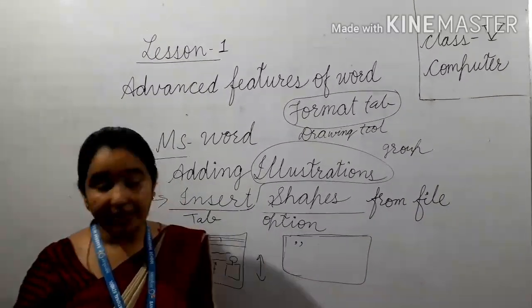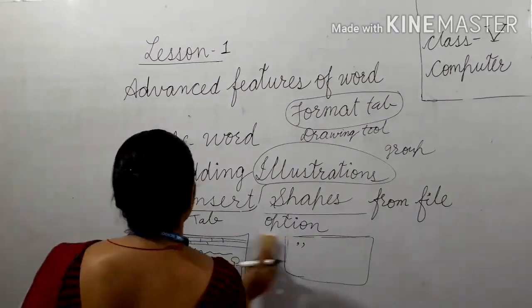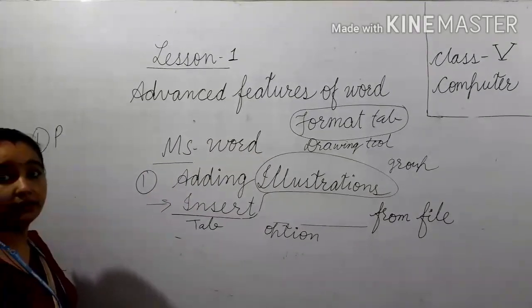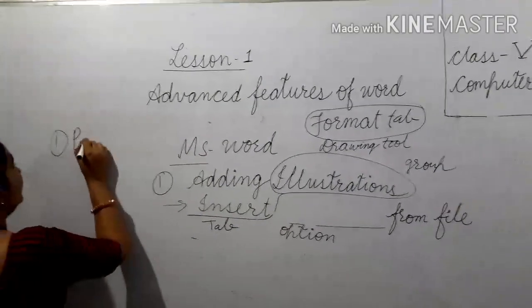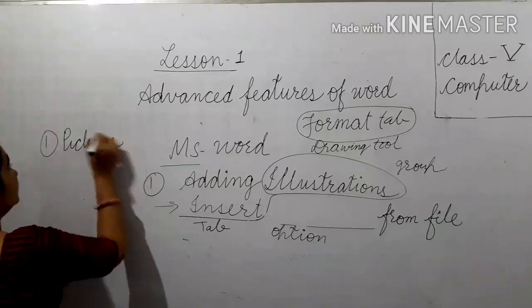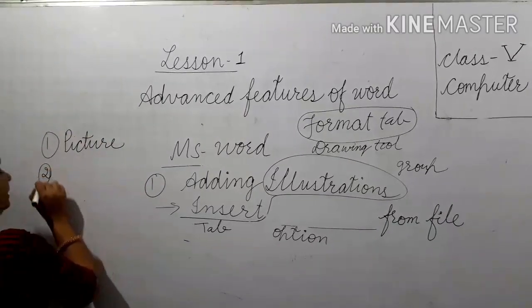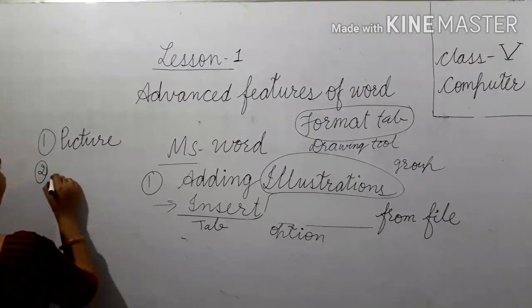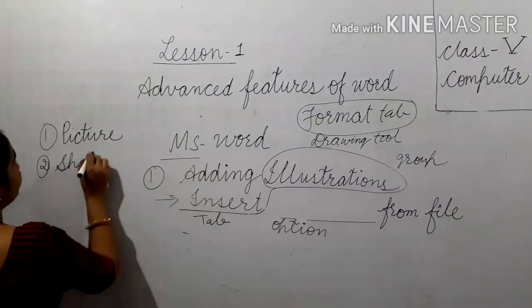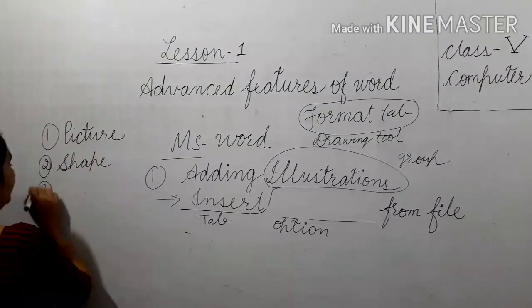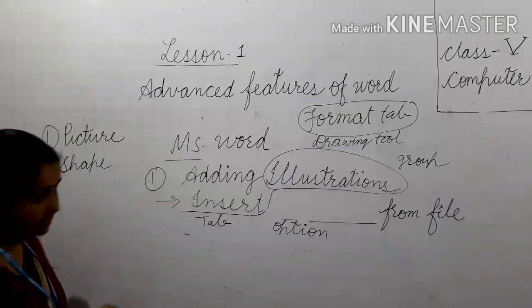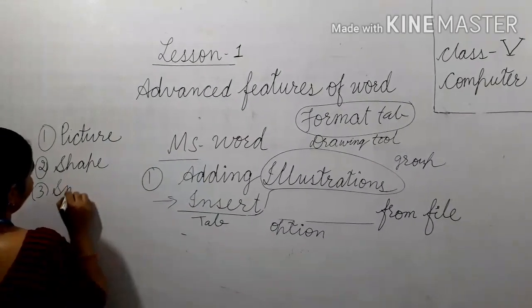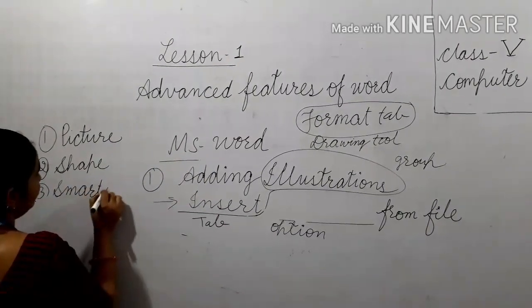Now our next topic is inserting smart art. Number 1, we had inserted here picture. Number 2, we had inserted shape. Number 3, now we are going to insert smart art graphic. What is smart art?